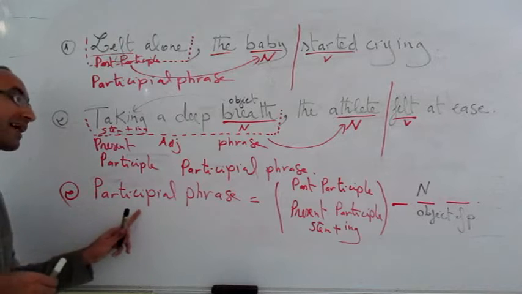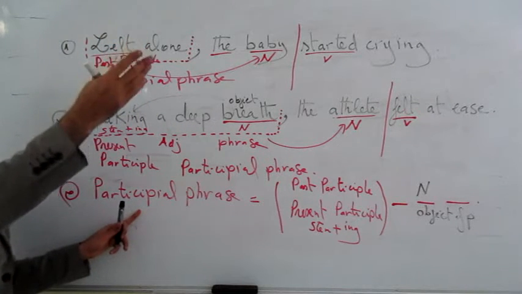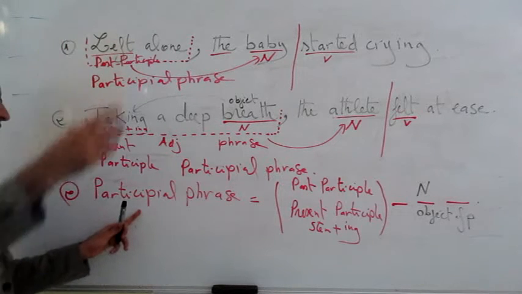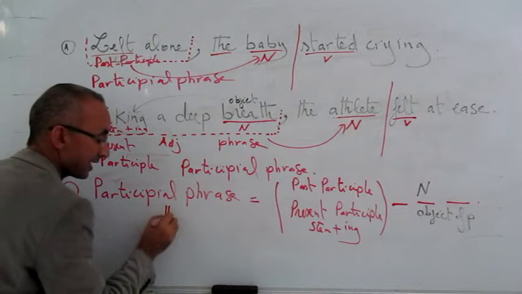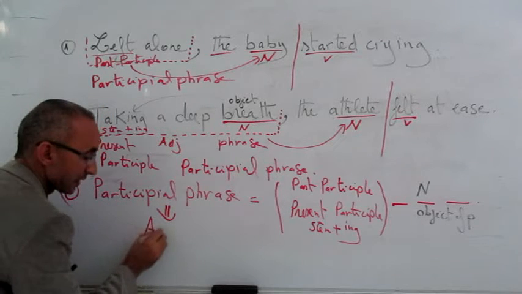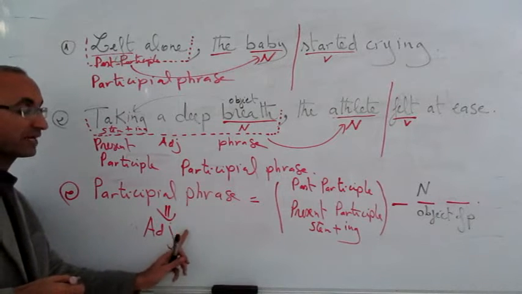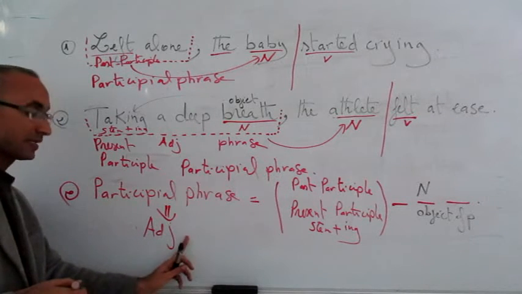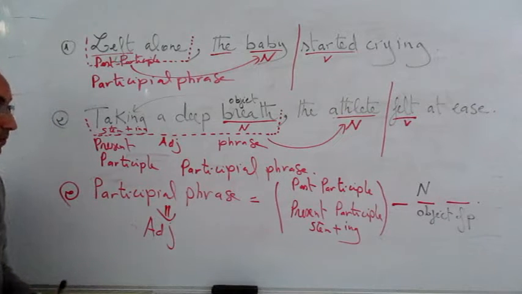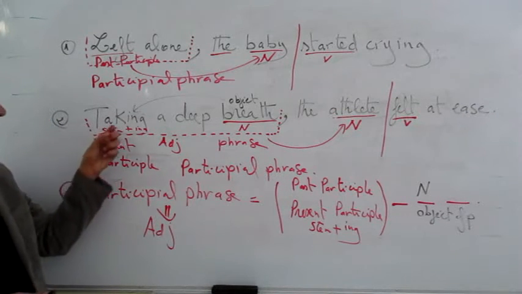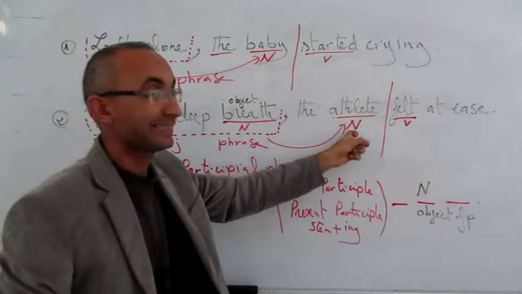And unlike the first type of phrases, the prepositional phrase, which we said acts either as an adverb or adjective, this one acts always as an adjective. Why? Because it comes along to modify a noun, to refer to a noun. Like here, taking a deep breath modifies and describes the noun athlete.